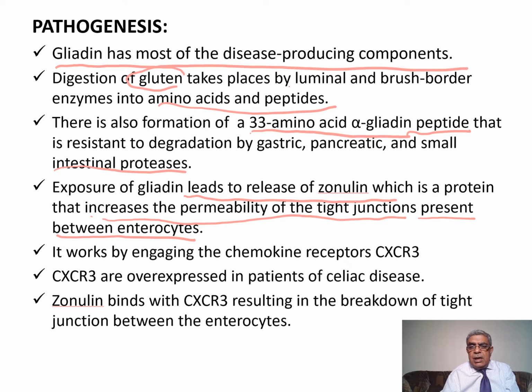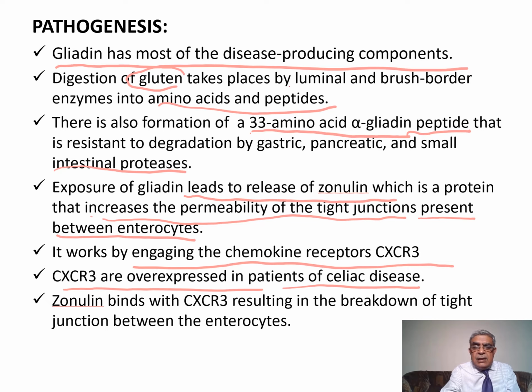And it works by engaging the chemokine receptors CXCR3, and these receptors, that is CXCR3, are overexpressed in patients with celiac disease. I'm going to show you the photograph of that. Zonulin binds with CXCR3, resulting in the breakdown of tight junctions between the enterocytes.